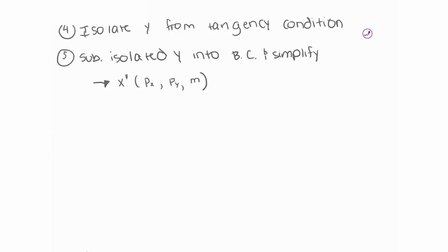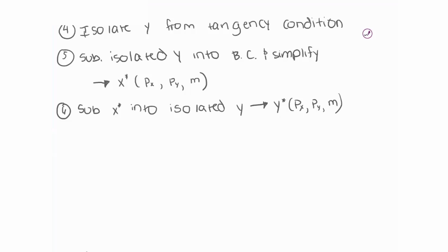Okay, so once we've got our x star, the only thing we've got left to find is our y star. We're going to do that in step 6 by substituting our x star that we found over here into the isolated y that we found earlier. We're going to simplify that, and that's going to get us to y star as a function of px, py, and m, which, similar to the x star, is going to tell us for any given set of prices and income exactly how much y the consumer is going to want to choose.